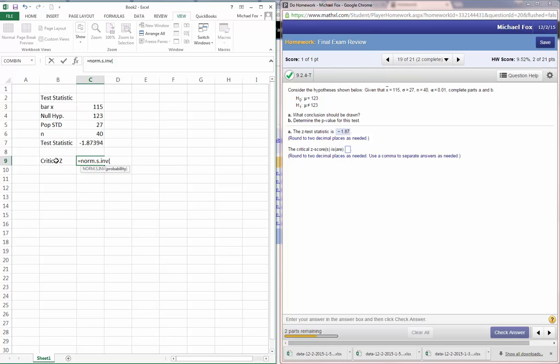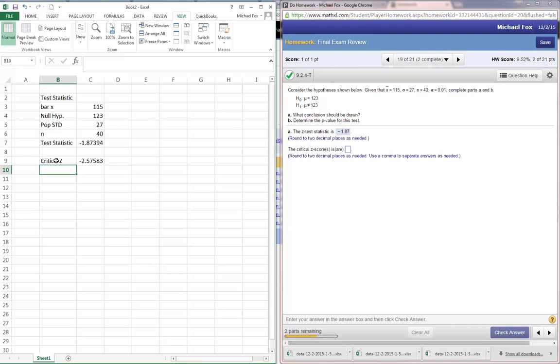Now this is a little confusing, but because this is a two-tailed test, the probability we're looking for is half of the alpha. So the alpha is 0.01, and the probability we're looking for here is 0.005.